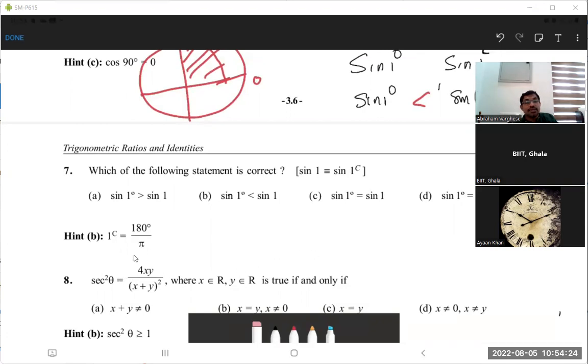Sin square theta will be equal to 4xy by (x plus y) the whole square. Any idea?